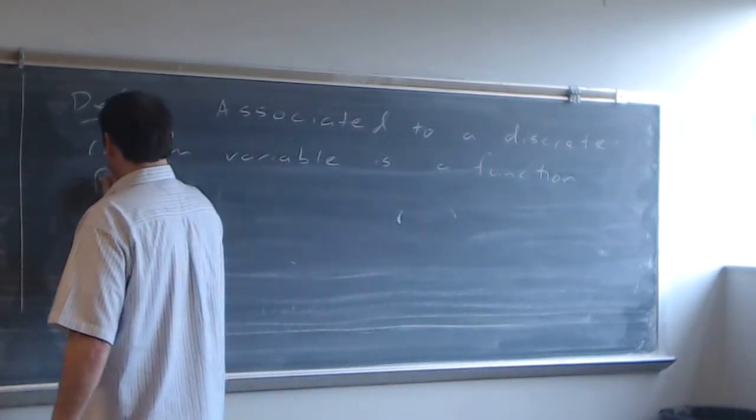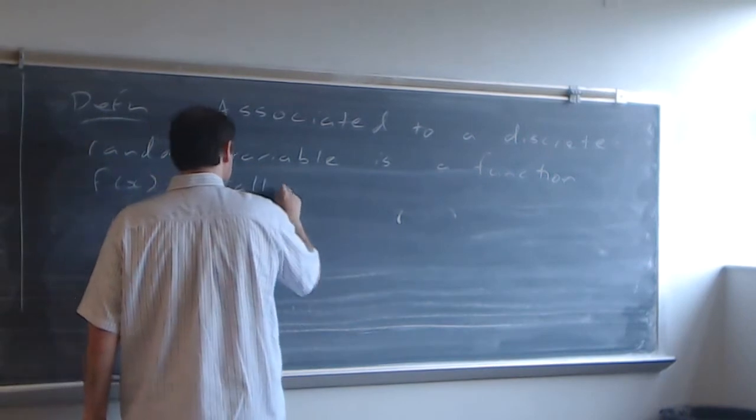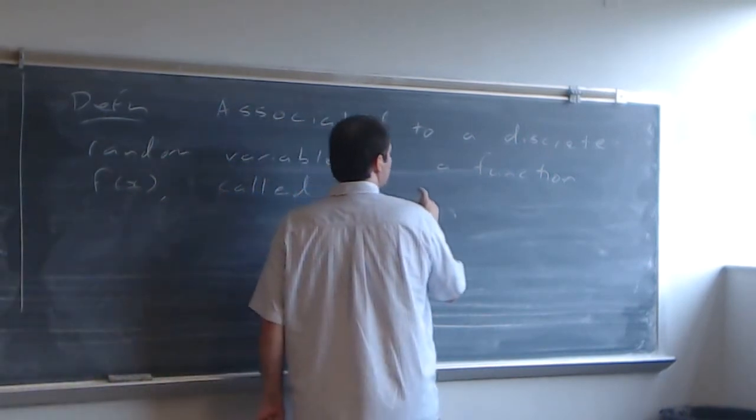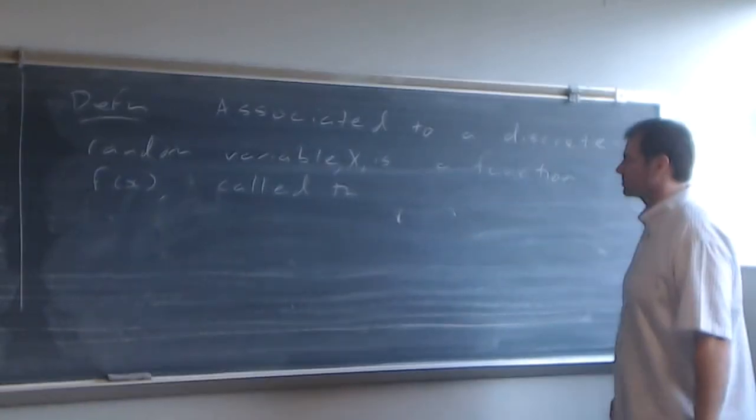We'll call it f of x. Let's give the discrete random variable a name, X. So that's my discrete random variable.